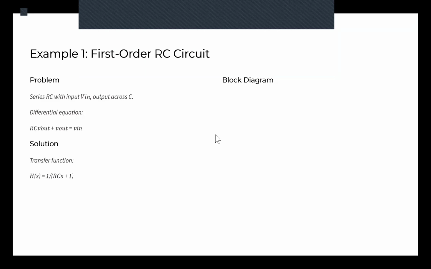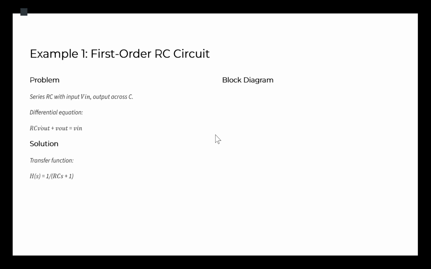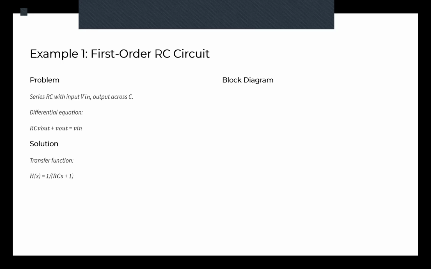So in the first example, we have RC series. We already know how to calculate the transfer function for a circuit of RC in series. We already did that, and we know the transfer function is 1 over RCs plus 1.